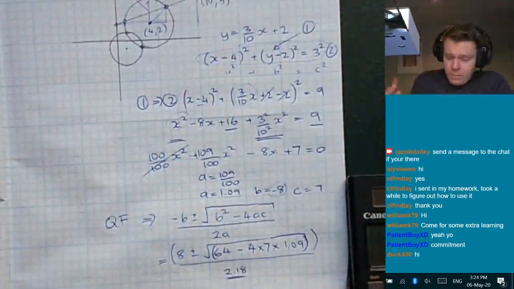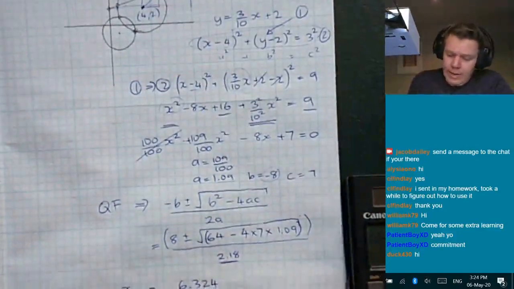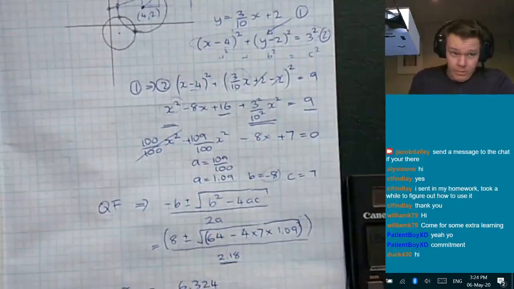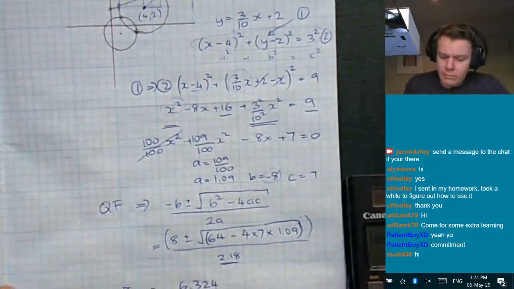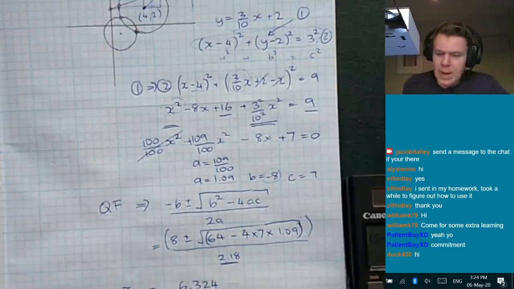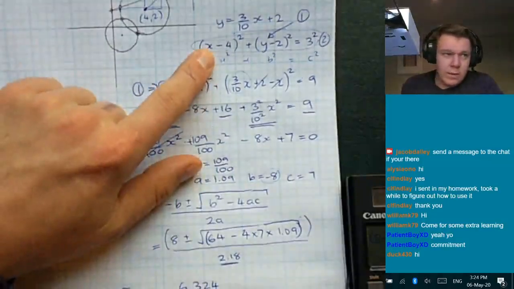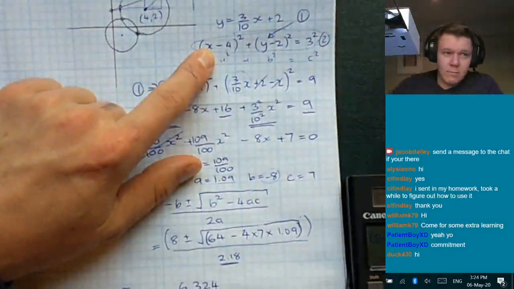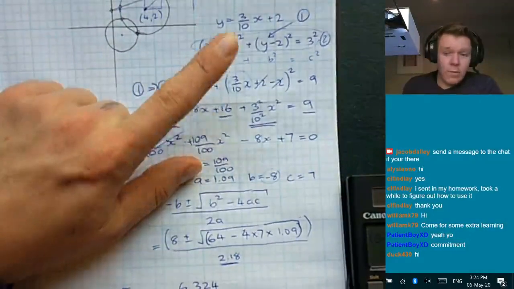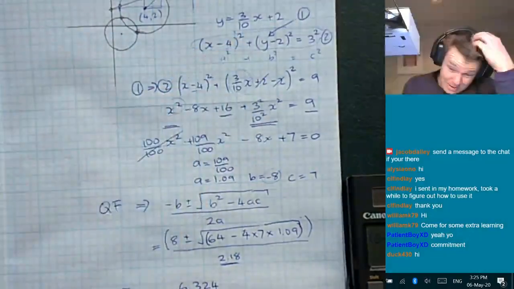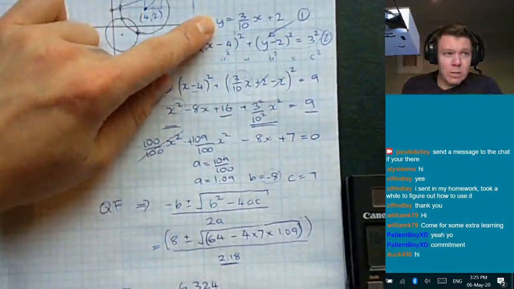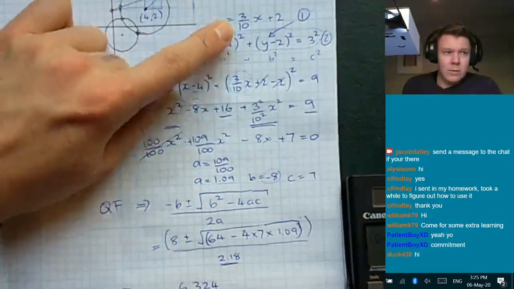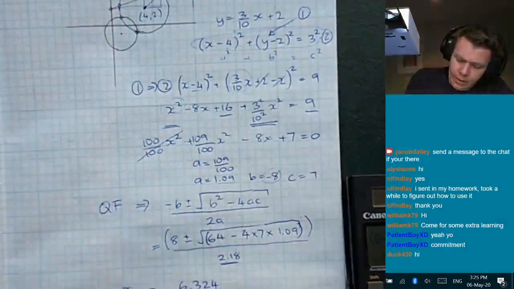Now, the last thing you always do when you've calculated x coordinates, you need to find the corresponding y coordinates. Now, you can actually put these back into here and solve for y that way. But why do that when you have a line equation, which is much simpler? It'll spit out the answer immediately.